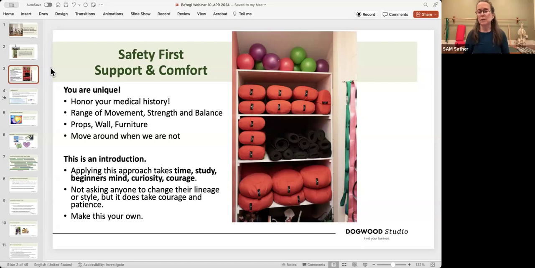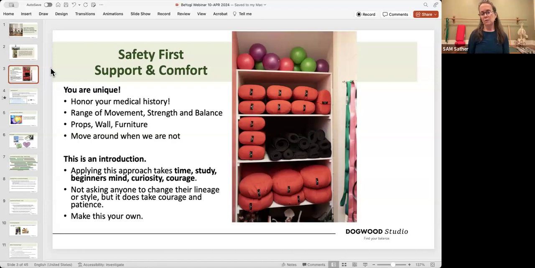Some of you may already be teaching functionally, but some of you may not define it like I do. I have had many, many teachers in functional approaches to mind, body, heart, not just to the physicality. So come into this course, I hope, with a beginner's mind. I'm really not asking anyone to change their lineage or style, but how you could integrate some of the things that I'll be talking about.